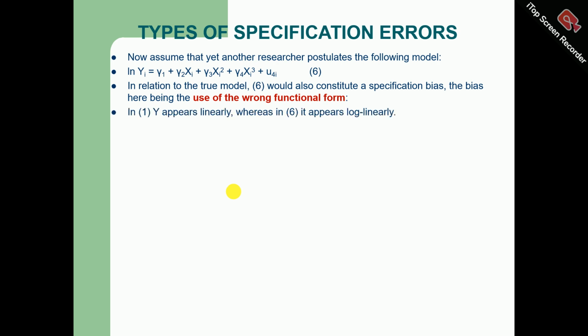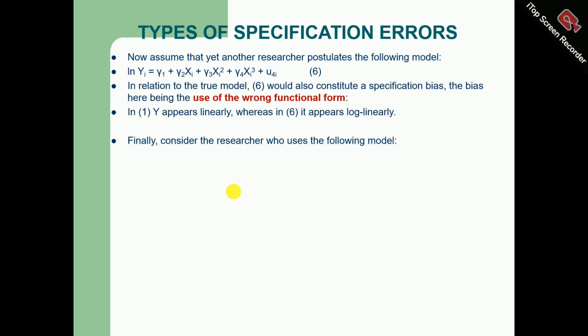In equation 1, y appears linearly, whereas in equation 6 it appears log-linearly. So using log y instead of linear y, we are committing a specification error known as wrong functional form.